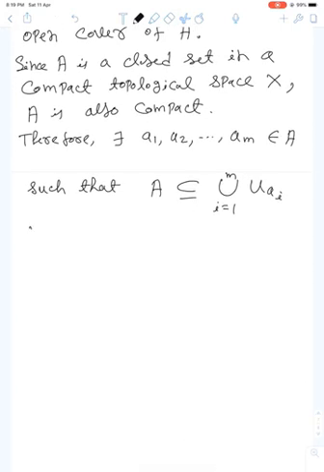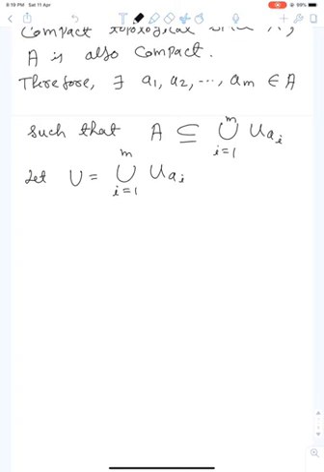Now let U equal this union and let V equal their intersection, that is the corresponding V_ai.